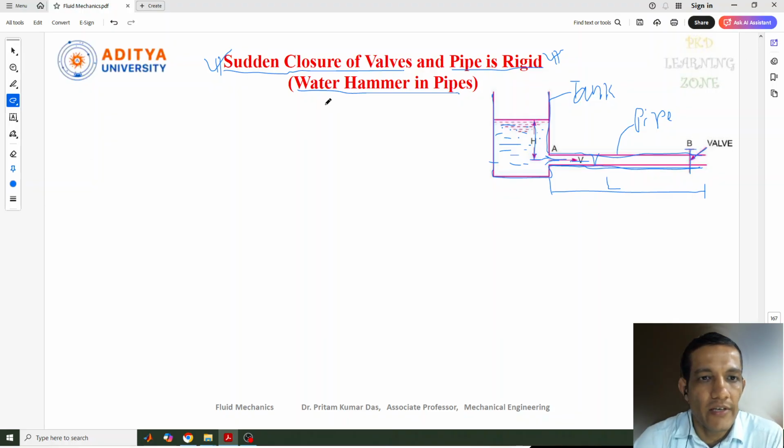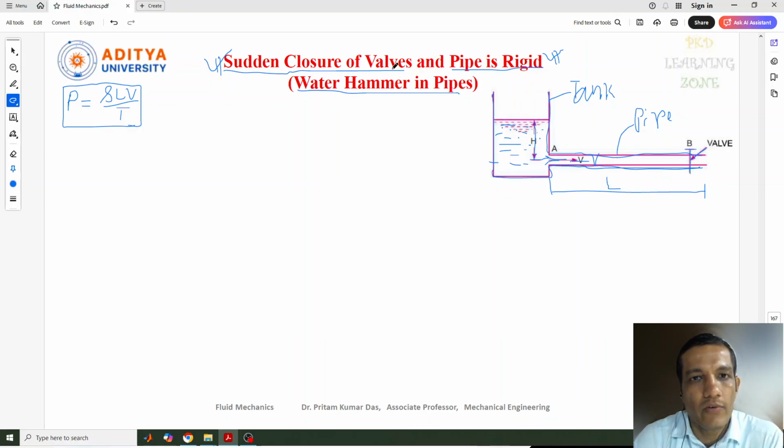Now coming to the picture here. Previously, we discussed the pressure value in the gradual closure of valves. Let me consider that value. We got P equal to rho L V by T. This is the equation we derived in our previous lecture for gradual closure of valves, meaning the valve is closed slowly.